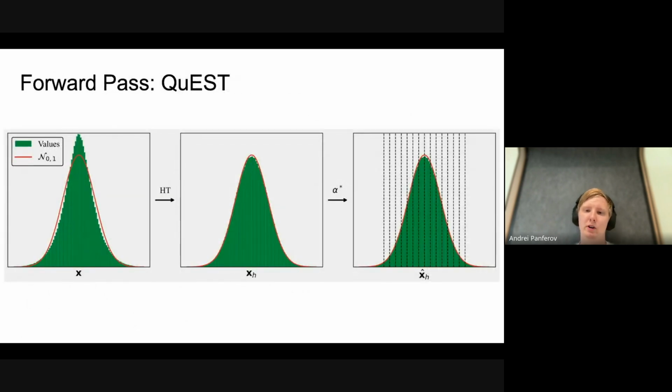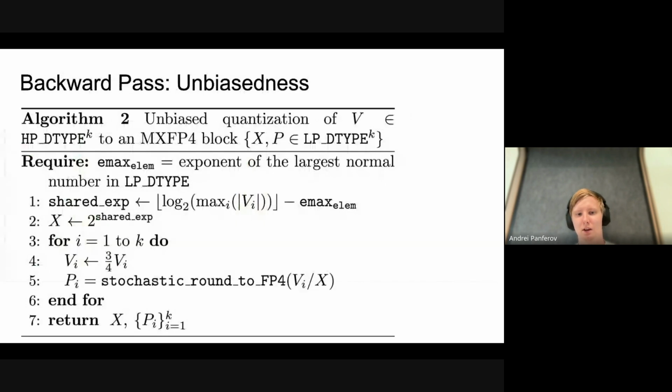For forward, we use Quest, as I said, that uses fast Hadamard transform for weight and activation normalization, and then it uses certain MSE-optimal fitting of the quantization grid to perform forward pass quantization optimally. The backward pass uses a special scaling factor of 3/4 to make backward pass quantization unbiased. And this method was proposed, as I mentioned, by Albert Tseng and co-authors.